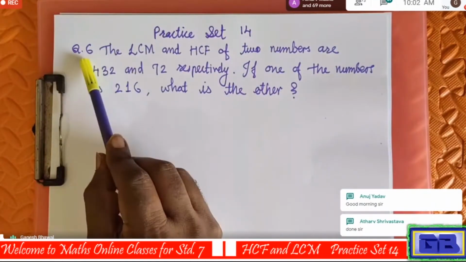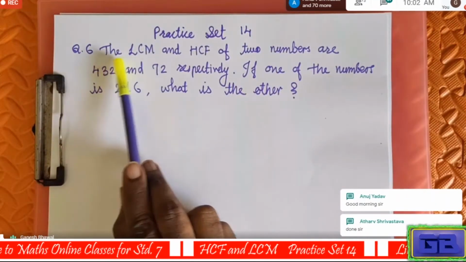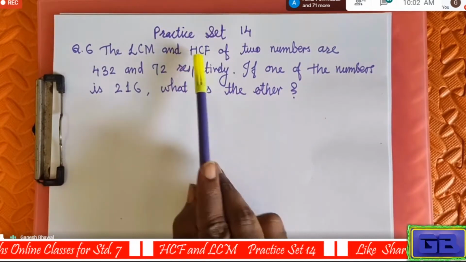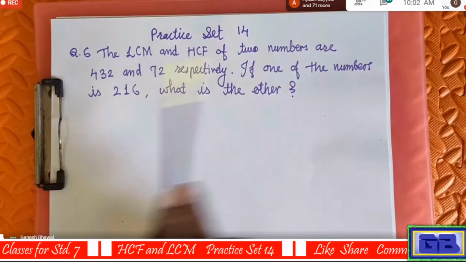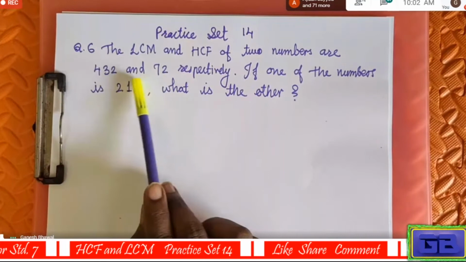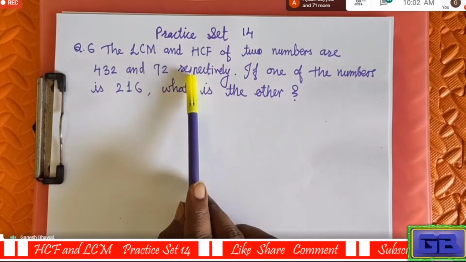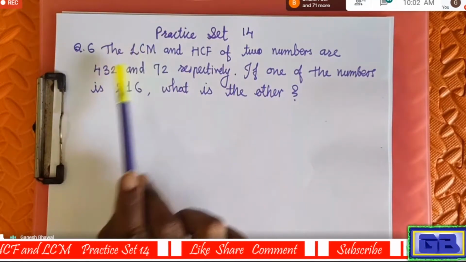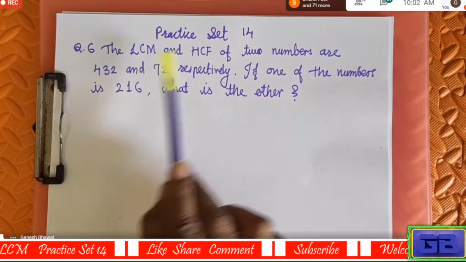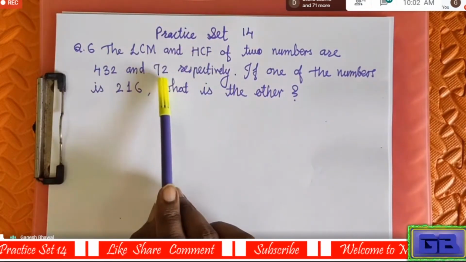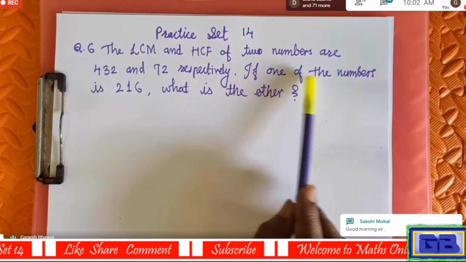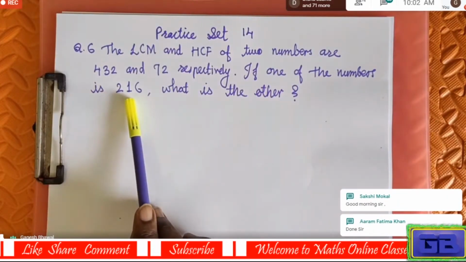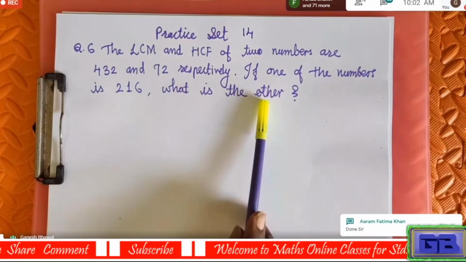See, question number 6 we have to solve. The LCM and HCF of two numbers are 432 and 72 respectively. It means LCM is 432, HCF is 72. If one of the numbers is 216, what is the other?